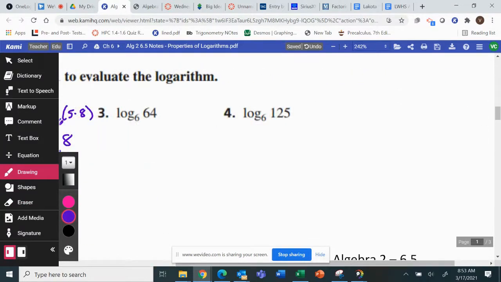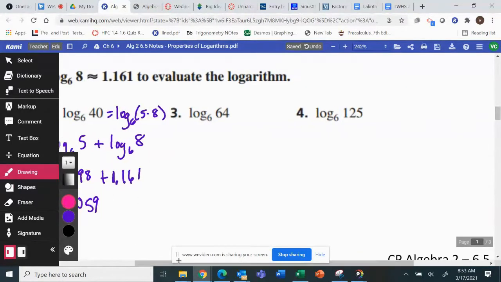Okay, the next one, oops, I skipped one. Log base 6 of 64. I would think about that being log base 6 of 8 squared. I'm going to move that 2 in front. 2 times log base 6 of 8.